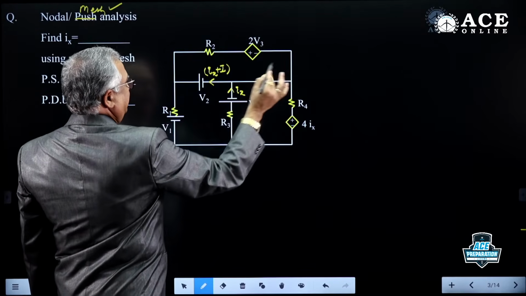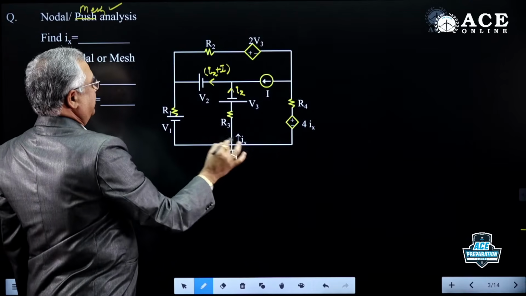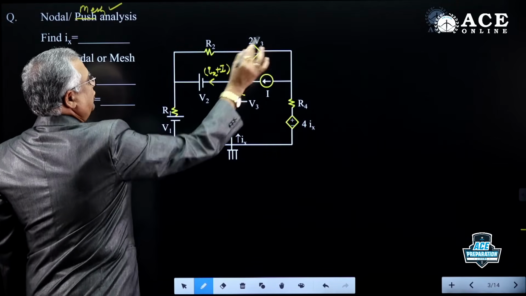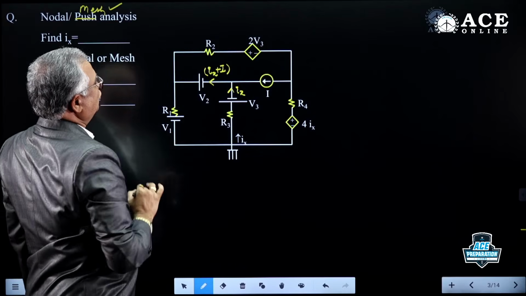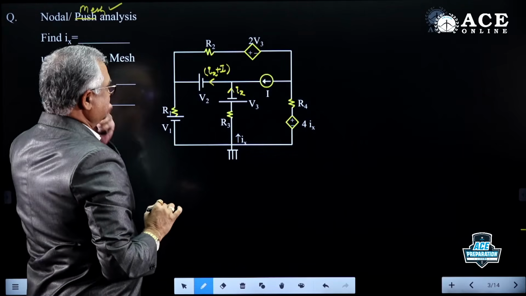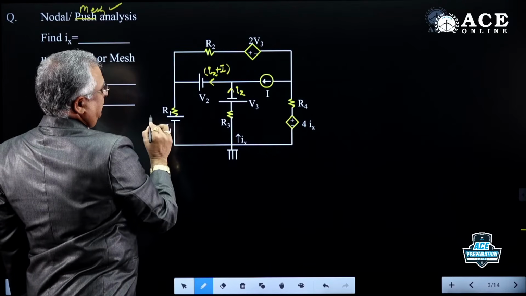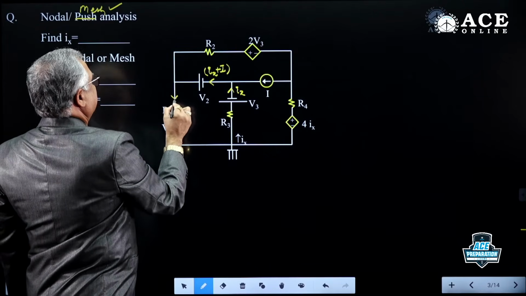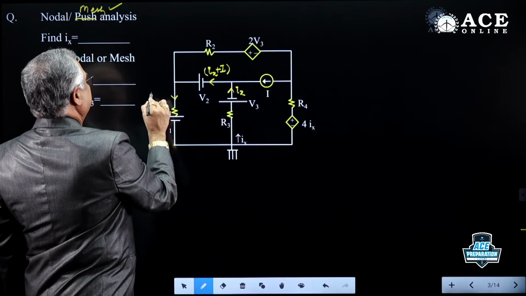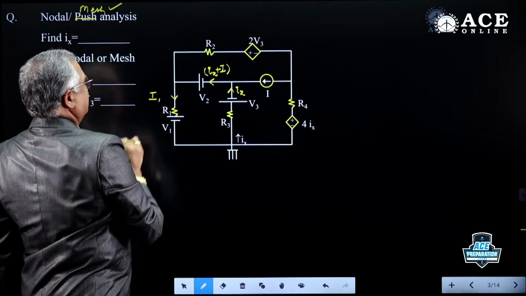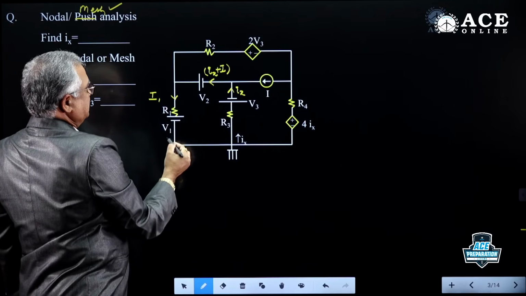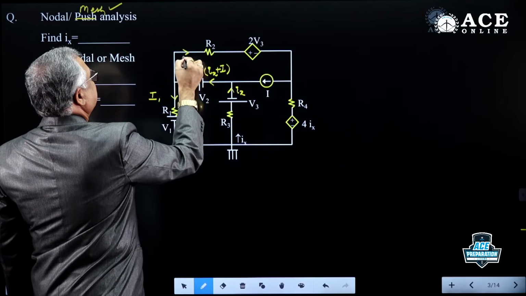Some current will flow here, some current will flow here. So what is this? We don't know. What is this? We don't know. Introduce one more unknown. So that unknown, if I take some I1, if this is I1, what is this current?